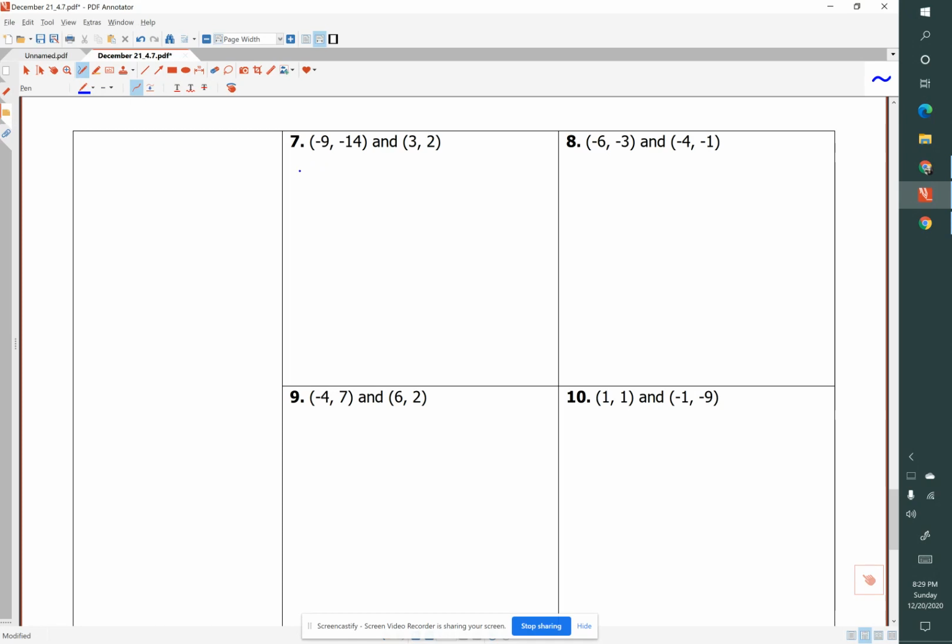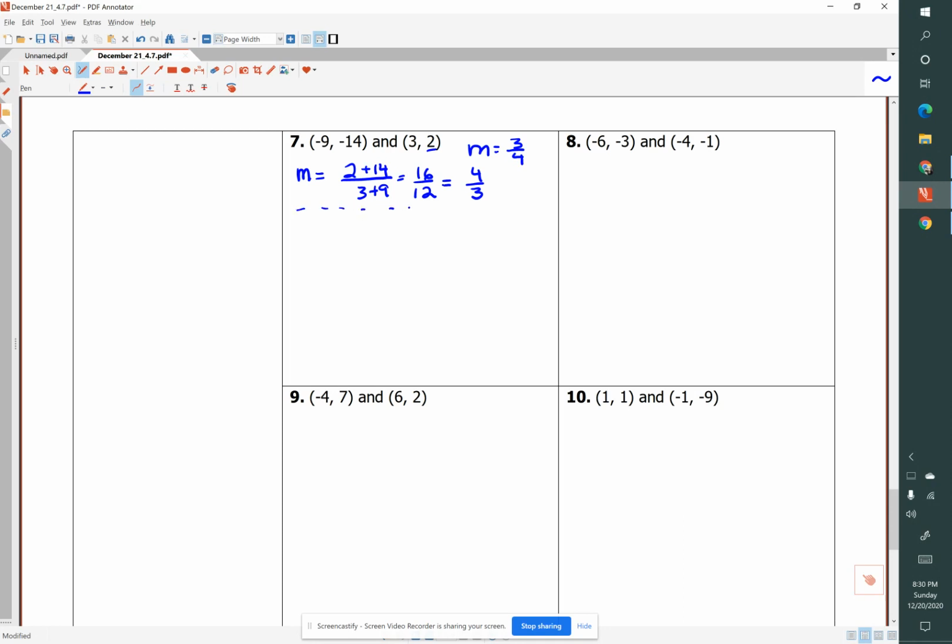First, we'll find the slope. m equals, we'll start with y2, 2 minus negative 14, which is plus 14. 3 minus negative 9 is 3 plus 9, which equals 16 over 12, which reduces to 4/3. And in algebra, we usually keep the improper fractions. So our slope is 4/3. That would mean if we graphed it, the rise is 4 and the run is 3.